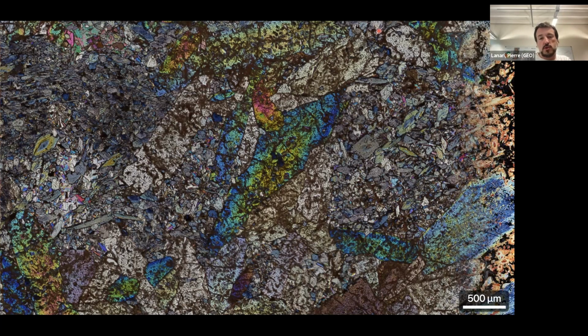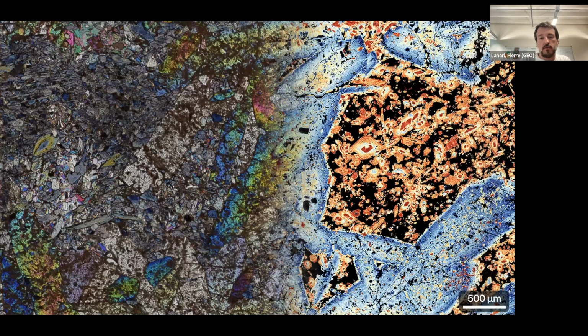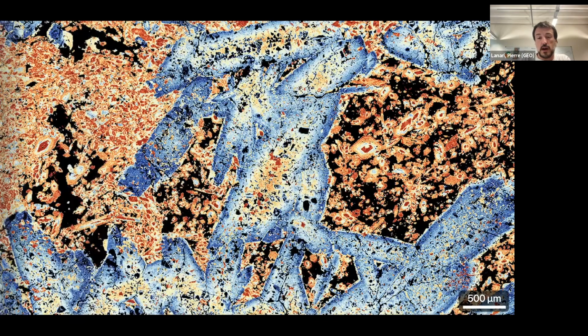If I now move from the optical view to the chemical view, this is an iron map, a distribution of iron oxide. It's a quantitative map. I don't give you a scale here, but basically blue means lower iron content, red higher iron content. Now you recognize better the minerals which are rich in iron.